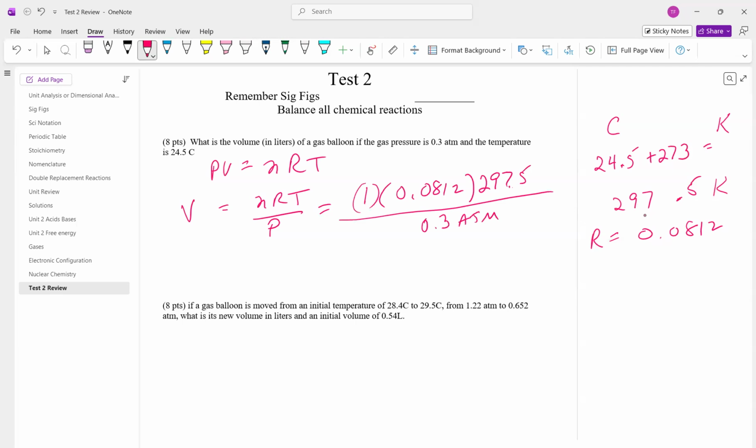Now, do I need to multiply by 1 on my calculator? No. You can if you want, but you don't have to. 1 is always optional. You multiply by 1 or divide by 1, just ignore it.